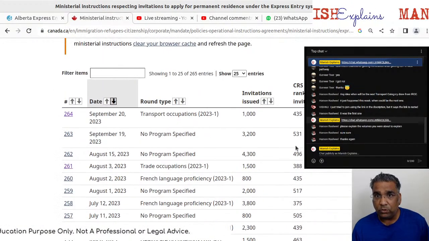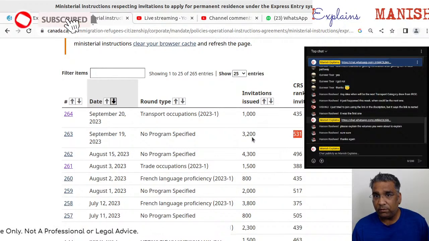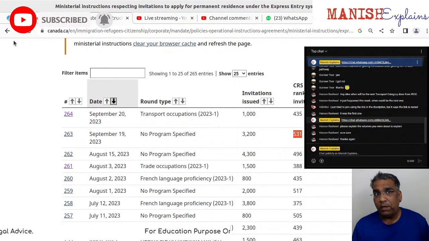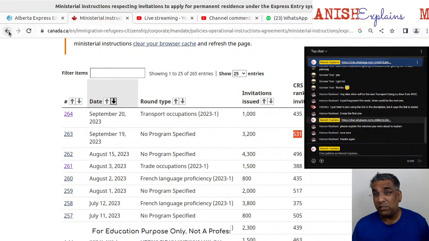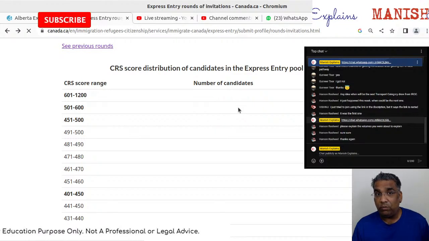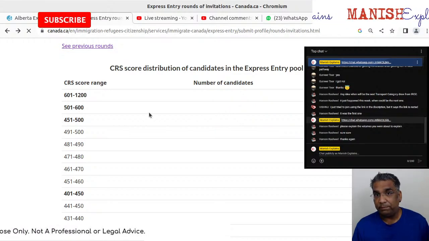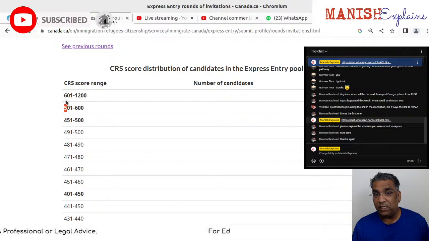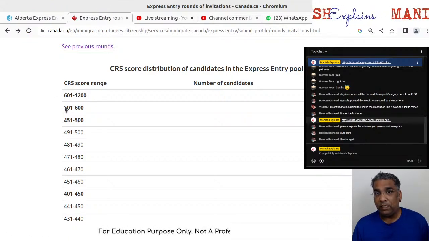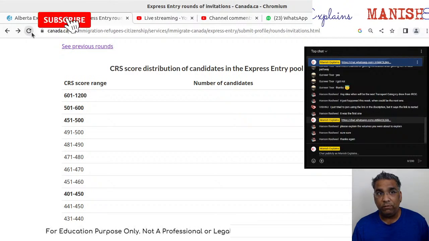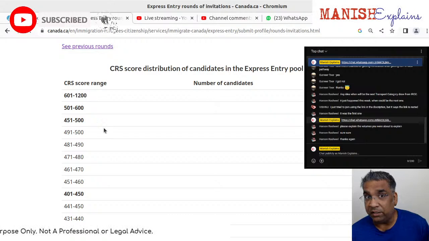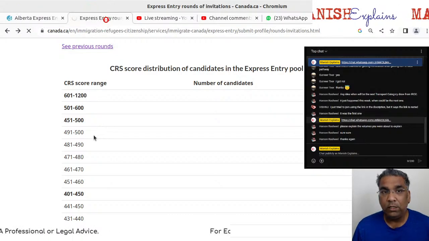Yeah, so 531, 3,200 people were invited on September 19th. So this particular volume could be just a bit before that draw. Almost everybody got invited from the 601 to 1,200 pool, and then the remainders would have got it from here. So that's kind of a reading of this particular table.